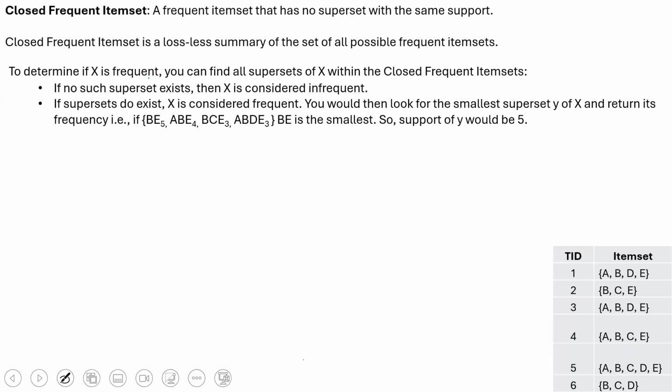Now let's understand what closed frequent item sets are. A frequent item set that has no superset with the same support. Right? So now let's understand what a closed frequent item set is. A frequent item set that has no superset with the same support. Okay.